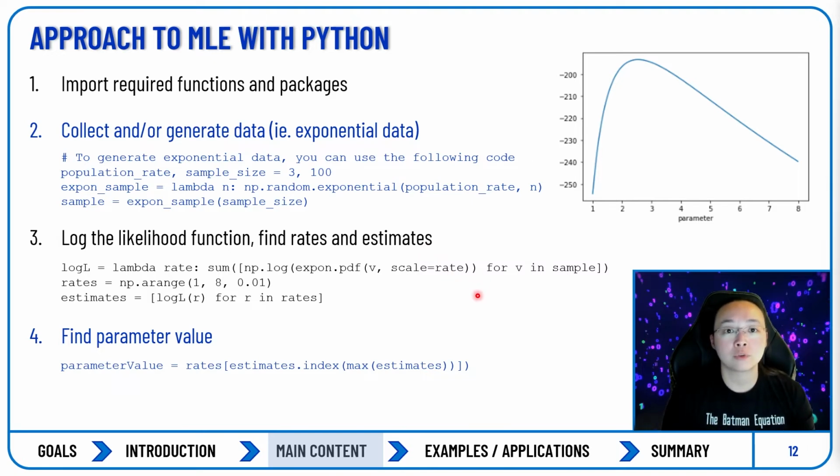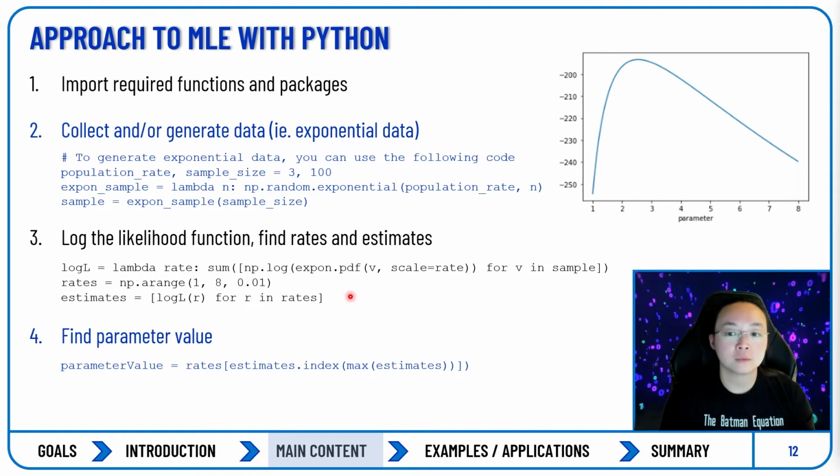Now, in order to figure out how many values of your log likelihood function you need, we're going to define rates as given by values from 1 to 8 with parameters of 0.01. We're then going to define estimates as our log L function of each rate that we're interested in.